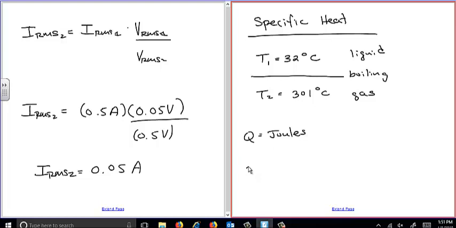So the total heat added is equal to the mass of the material times the specific heat of, I'll put LW, liquid water, times delta T, plus the mass times the latent heat of vaporization for water, plus the mass, again, they're all multiplied by the mass, times the specific heat of steam times delta T. And this delta T here is from 32 to 100, and this delta T is from 100 to 301.